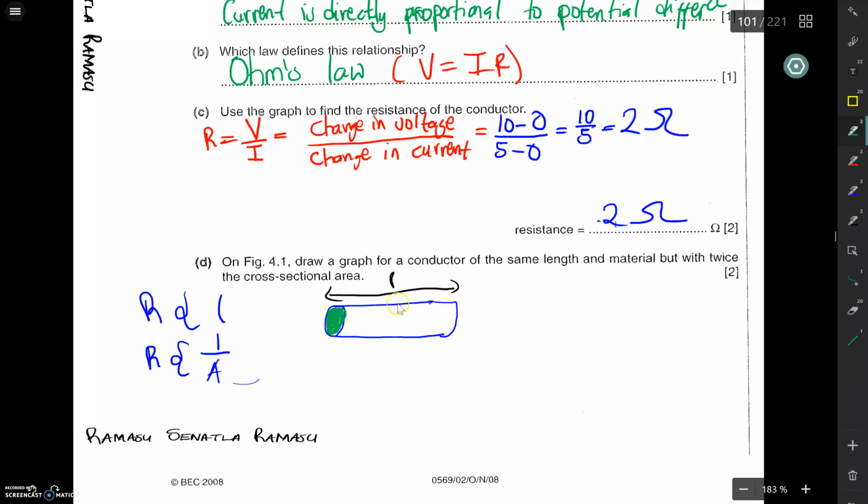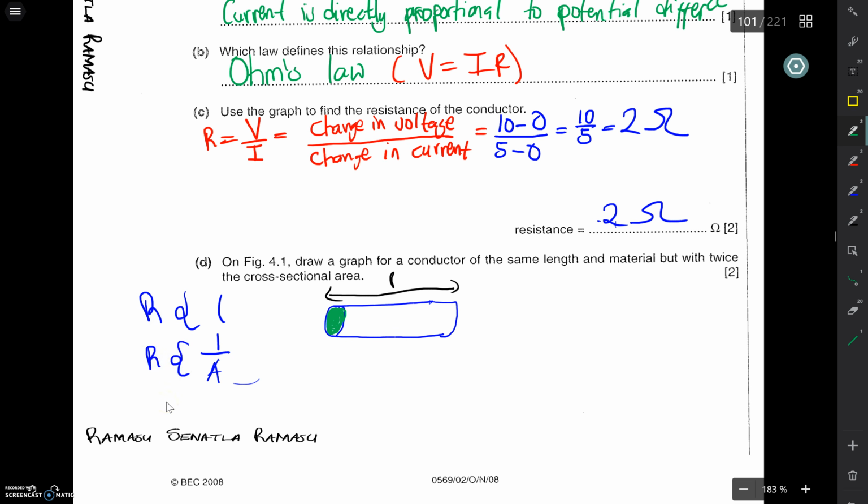So the longer your wire is, the higher the resistance, and the bigger your cross-sectional area, the smaller your resistance. Right? So if you have a large cross-sectional area, then your resistance will be low.